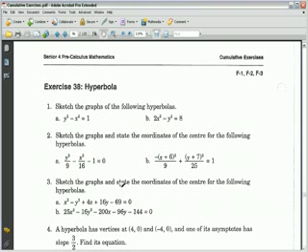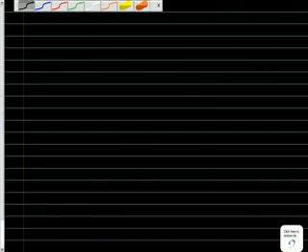Okay, so what I'm going to do here is go back to here, and hopefully give you a taste of what to expect in terms of graphing a hyperbola.